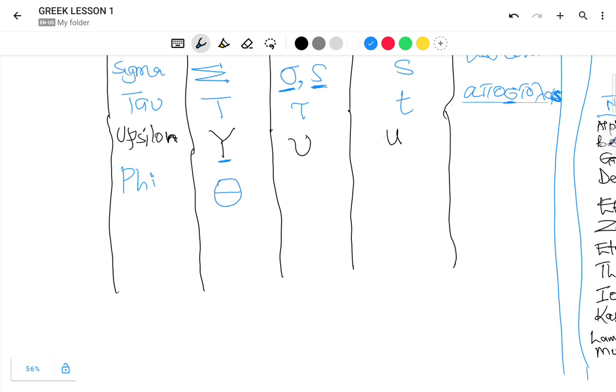Now phi is when you write this, but then cut it across vertically like that. And the lowercase is a similar oval, but vertical. This is phi, which is equivalent to the English PH, as in physics.